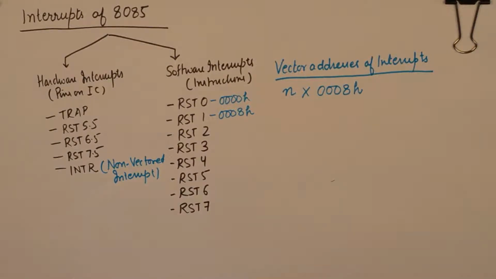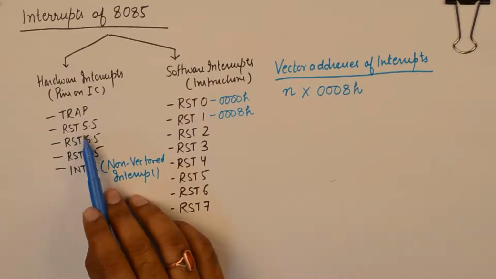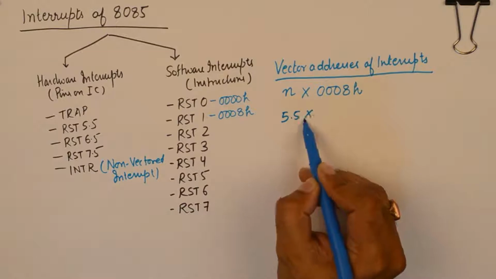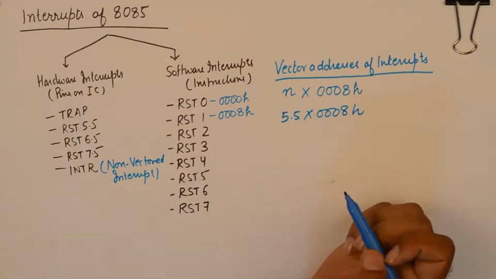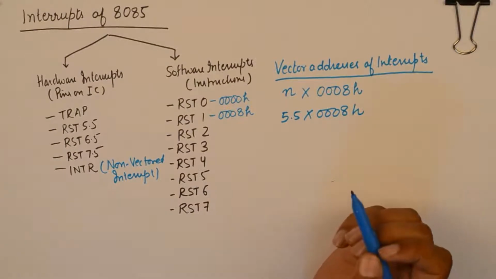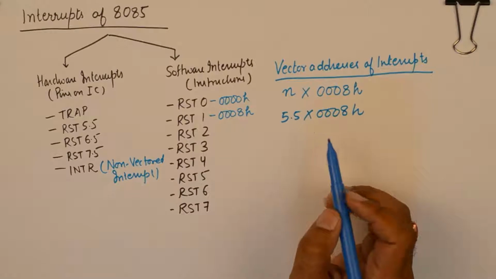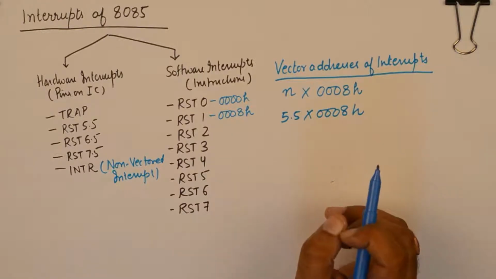And if you were to calculate the vector address of RST 5.5, then you could do this trick, and that will give us the vector address for RST 5.5.